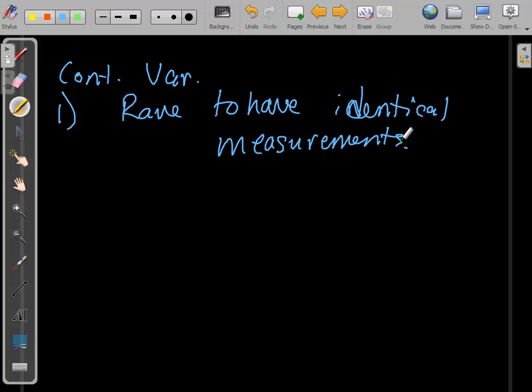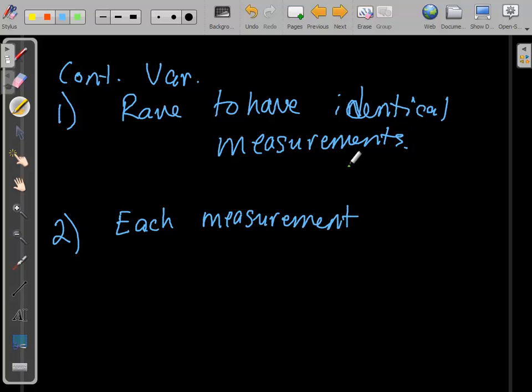So in other words, no two people are exactly the same height. It just might be that the approximate value that we're using is the same. And that's really our second point. So not only is it rare to have identical measurements, we're actually using a range or an interval of values to measure. So each measurement is really an approximation.